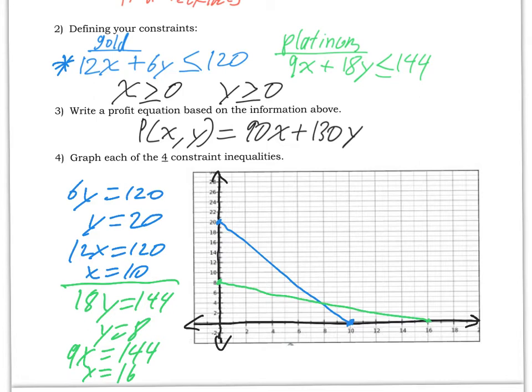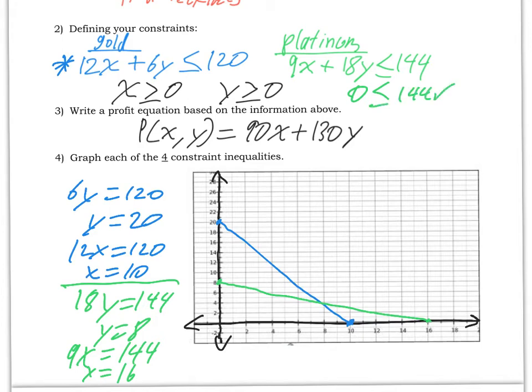And there we go. And so we've graphed all of our inequalities. Our shaded region, our feasible region, if we look at all the shading, and I'm kind of glossing over this, but, sorry, I'm not going to gloss over it. Let's do it. If we use 0, 0 as our test point for that green line, 0 is less than or equal to 144. That's true.